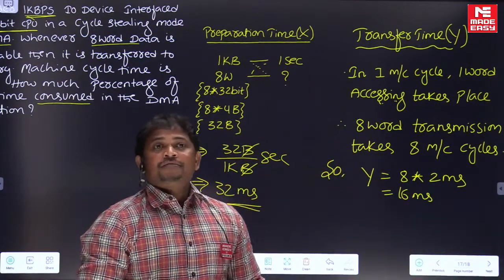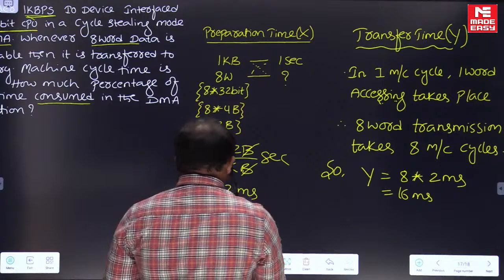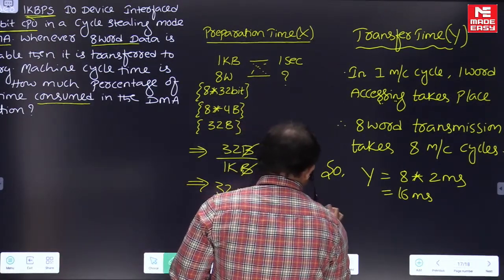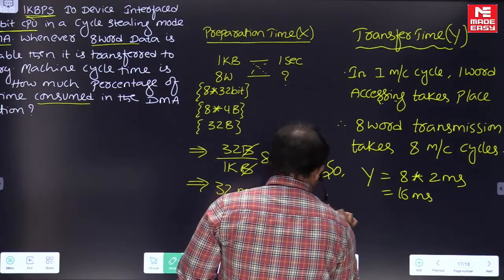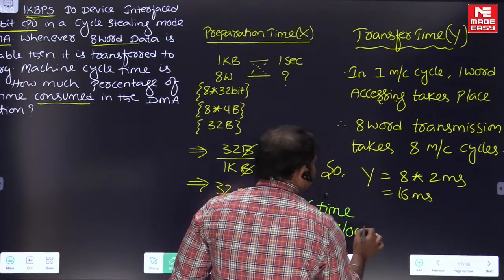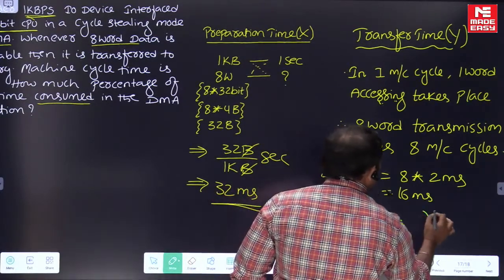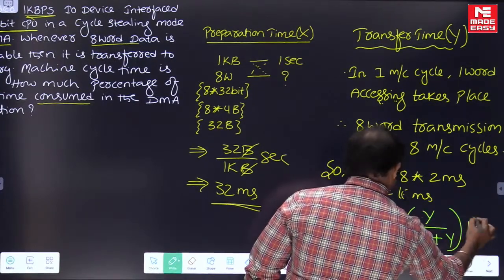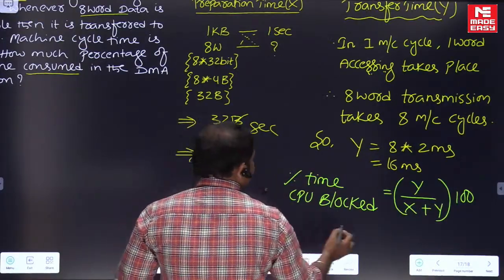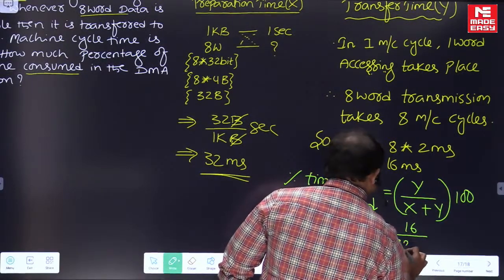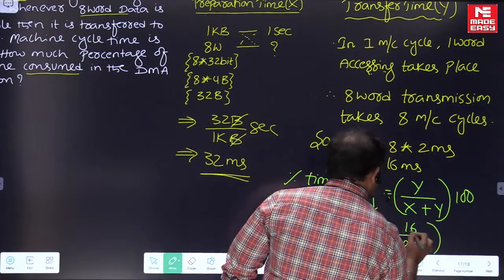Now, the percentage of time the CPU is blocked equals Y upon X plus Y, into 100. Substituting the values: Y is 16, X is 32, so 16 upon 32 plus 16, into 100.